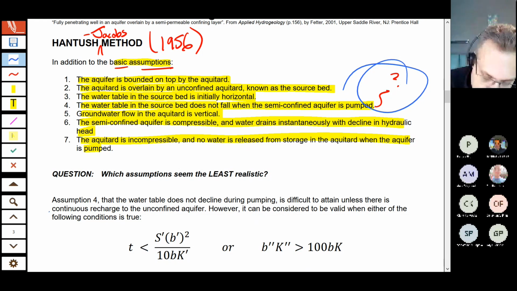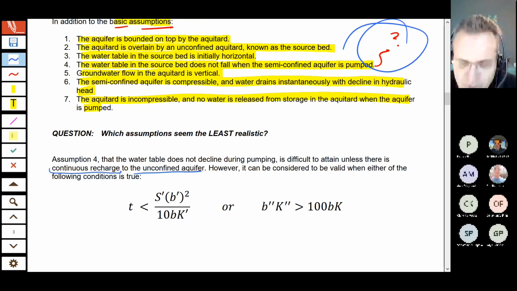Again, unless we do have continuous recharge in the unconfined aquifer, then that would be true. But what we have to do is test your equations before you continue, or test the efficacy of the overall situation to see if it will fit within the model of the Hantush-Jacob's theorems.